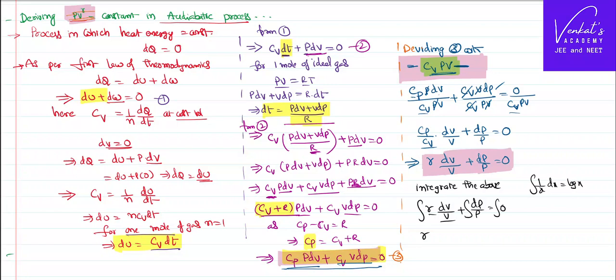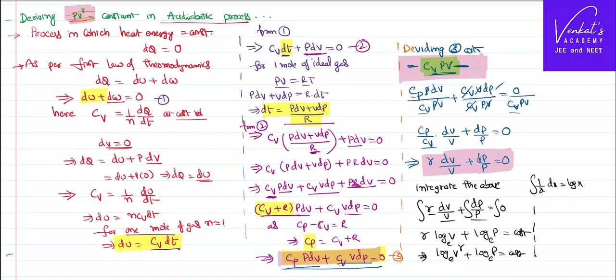So integral of dV by V will be log V, of course base e, plus integral of dP by P is log P base e. Integral of 0 is equal to a constant. Now as per the basic law of logarithms, I can write it as log V power gamma base e plus log P, of course base e, equal to constant.